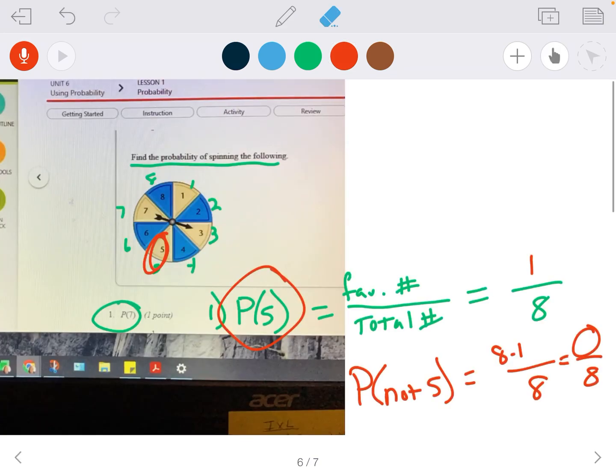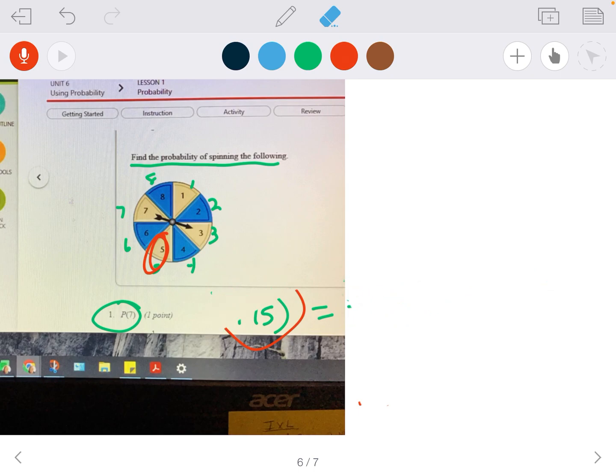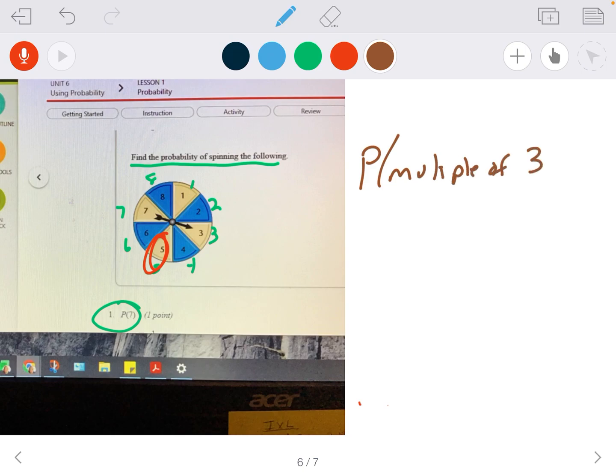Okay, another, let me see if there's anything. A multiple of 2. So if I'm still looking on that spinner, let me erase a little bit of this. Let me say a multiple of 3 instead. So the probability of getting a multiple of 3. All right, so 3 times 1 is 3.